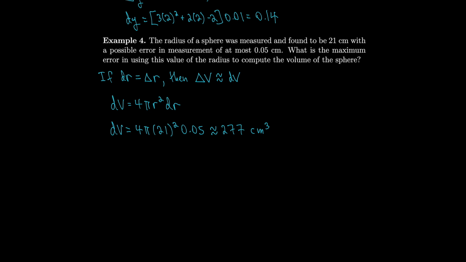However, this doesn't really give you as good of a picture as, say, the relative error, which can be calculated by taking the error dividing by volume. So that means we can approximate it by taking the differential and dividing by volume. So that's 4 pi r squared dr divided by 4/3 pi r cubed, which leaves you with 3 dr over r.